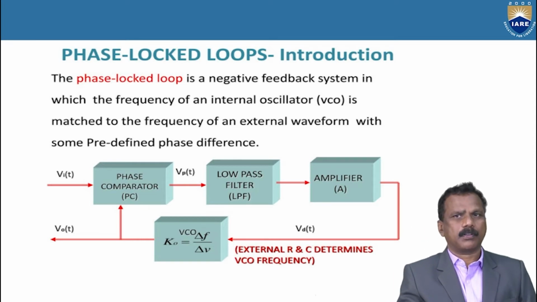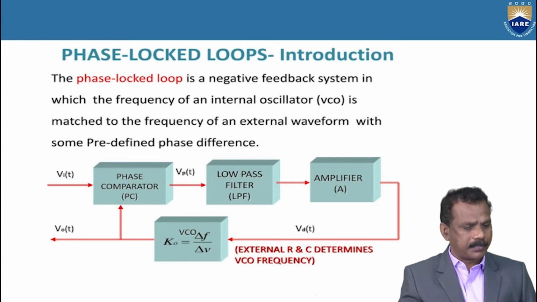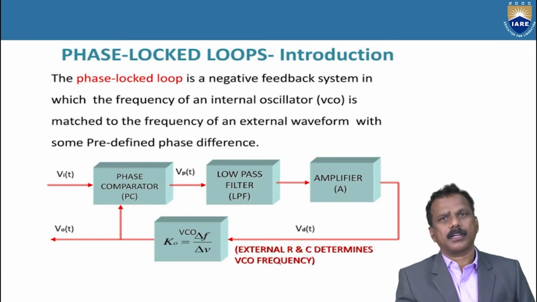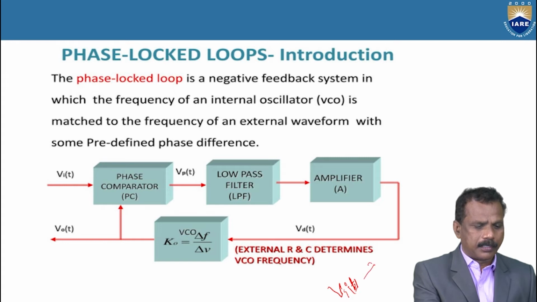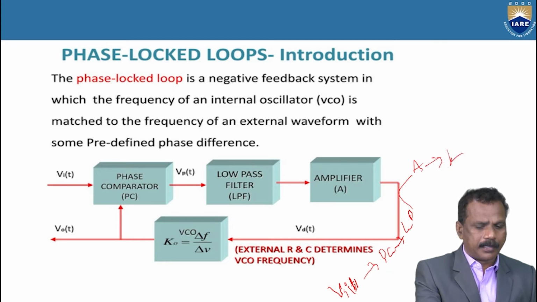The output of this VCO is connected back to the PC, and that input is Vi of t. The PC is connected to the low pass filter, the low pass filter output is connected to the amplifier, and the amplifier output is connected to K0, and finally we verify V0 of t, the final output.